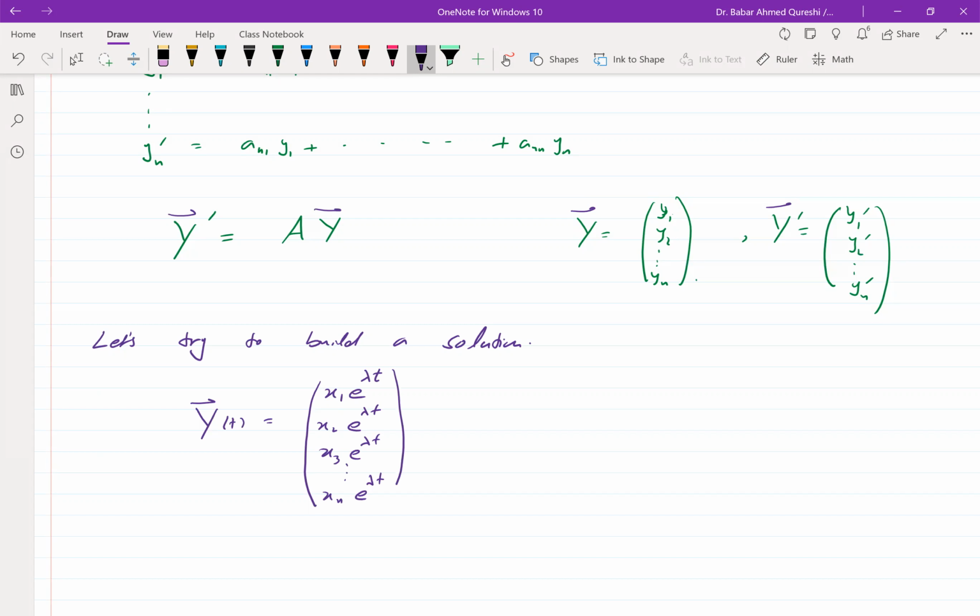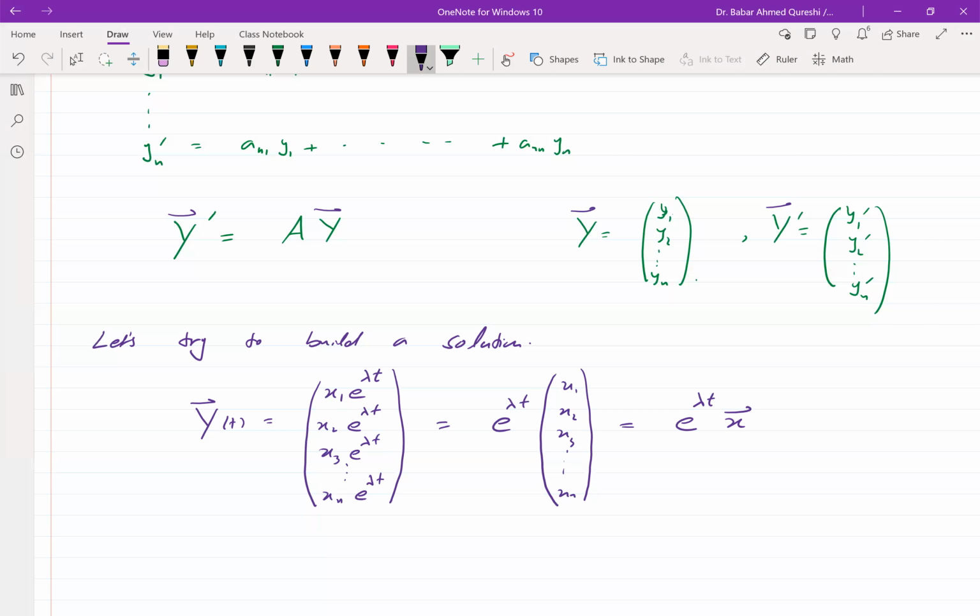So actually, I can bring out this exponential. So I have this kind of solution. I don't know yet if it's going to be a solution or not. I'm just trying to guess the form by comparing with the case when I had just one variable, one function.